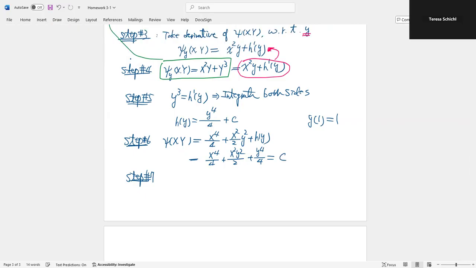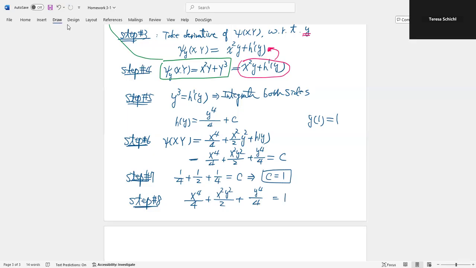Now I can put in 1, so it's 1/4 plus 1/2 plus 1/4 is equal to c here, right? So what is my c here? c is 1, correct? So now my final equation would just be x to the fourth over 4 plus x squared y squared over 2 plus y to the fourth over 4 equal to 1. That will be my answer here.